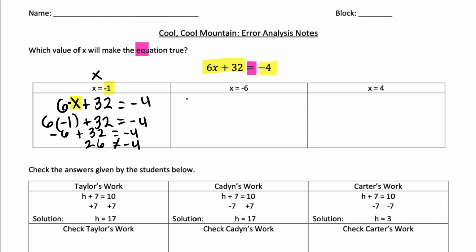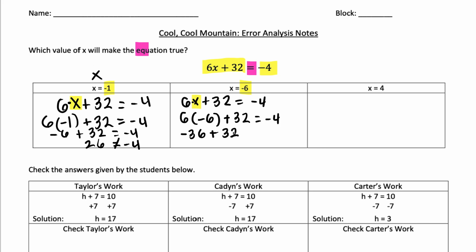So we're going to have 6x plus 32 should equal -4 again, but this time we're plugging in an x value of -6. So I'm going to replace my x value here with a -6 this time, and remember they're multiplying because they were a coefficient and variable sitting next to each other. I'm going to add 32 to that and see if it equals -4. 6 times -6 is -36 because a positive times a negative is a negative.